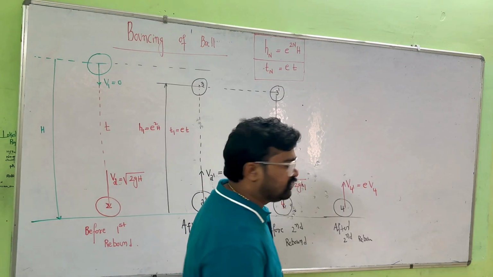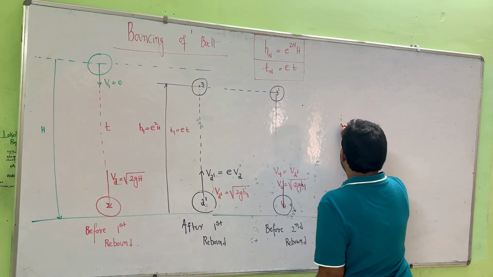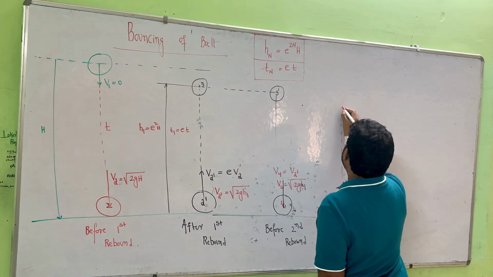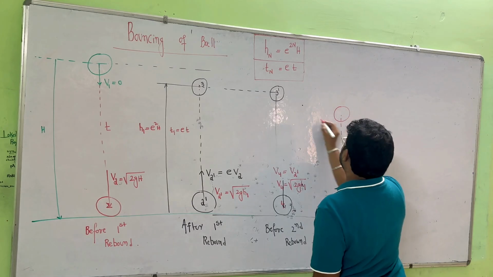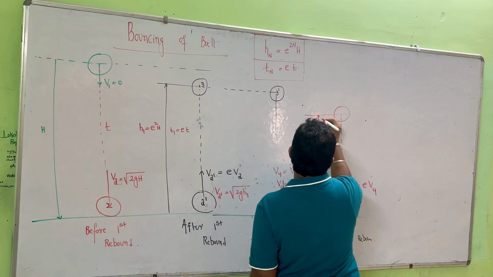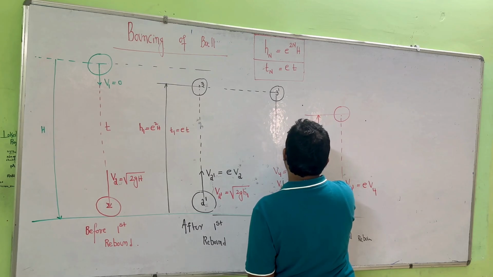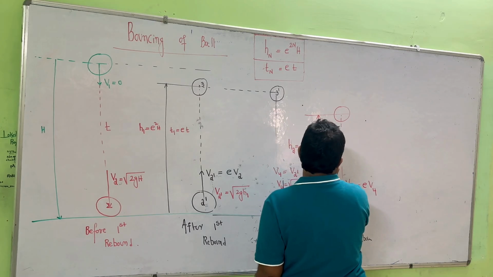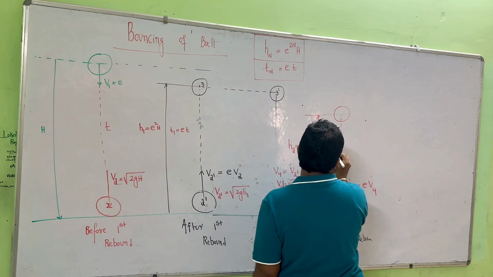Then it will go up to height H2 after second rebound. H2 equal to how much? E power 4, capital H. T2 equal to how much? E square T.